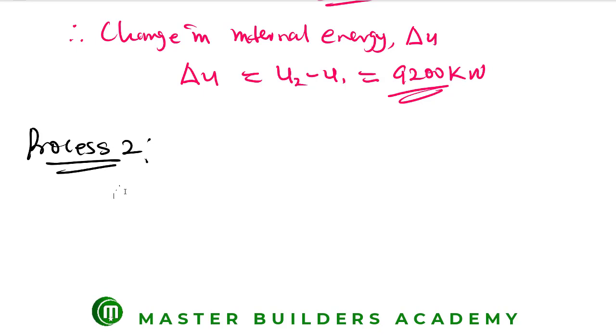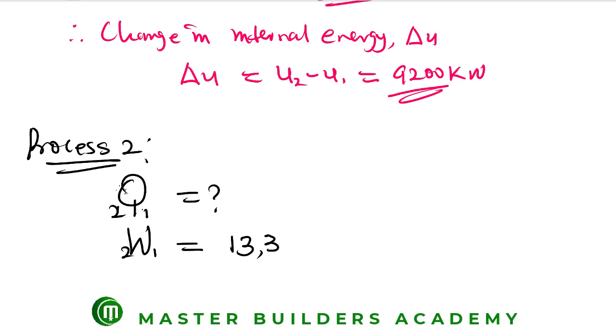So in this case, we now have Q from 2 to 1 is unknown. And then W from 2 to 1 is the one that is given as 30,300 kilowatt. Because this work is done by the cylindrical combustion engine, this work done is positive.